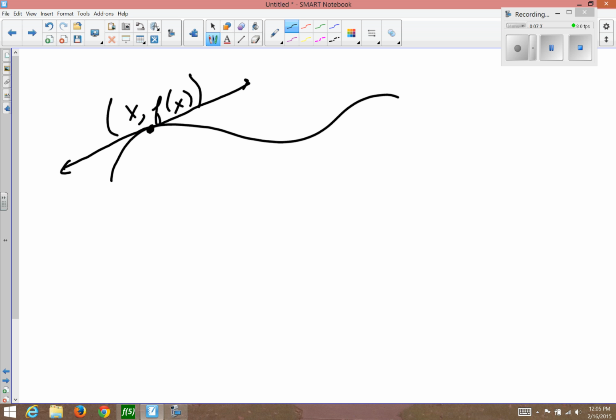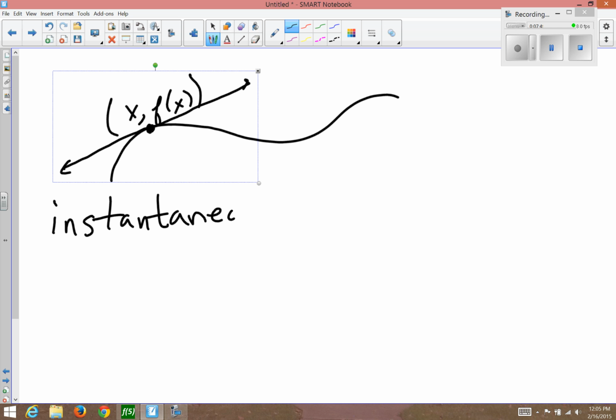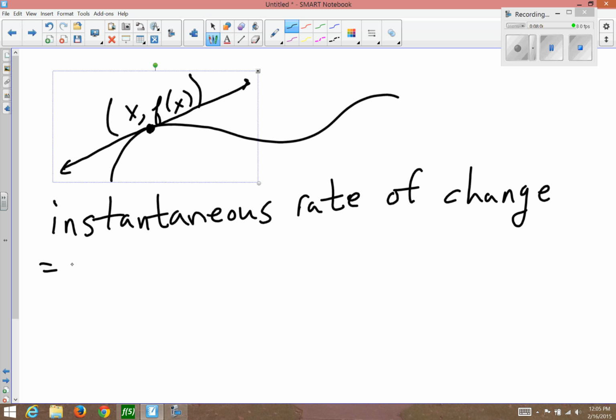Tangent, touching at just that point. The slope of that line is called the instantaneous rate of change. It's the slope of this tangent line.